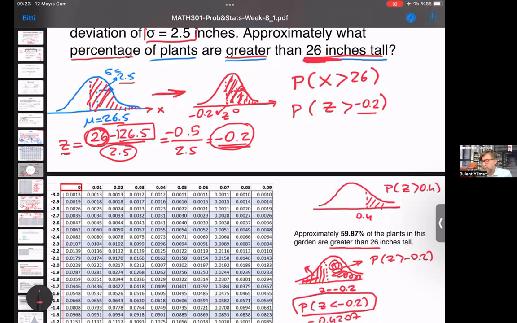How can I find that? It is given 0.65. 1 minus 0.65, so 0.35 is going to be the answer.